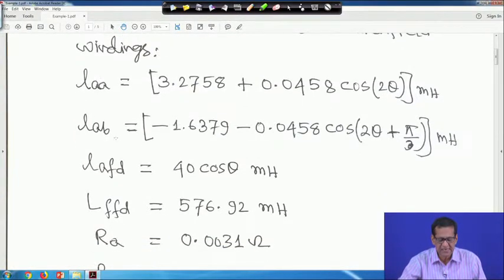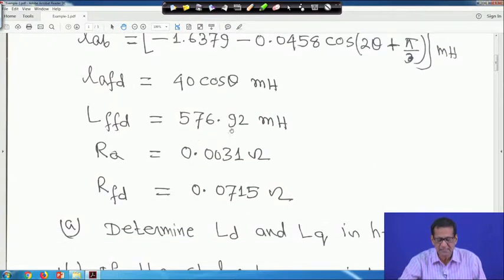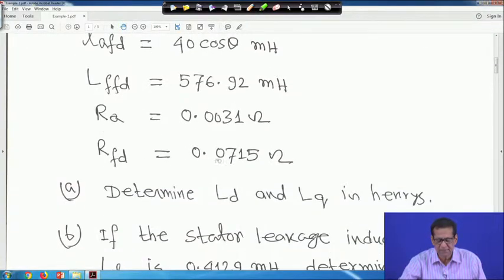Similarly, LAB is given as minus 1.6379 minus 0.0458 cosine 2 theta plus pi by 3 millihenry. LFD is given 40 cos theta millihenry. LFFD is given 576.92 millihenry. RA is given 0.0031 ohm. RFD is given 0.0715 ohm.